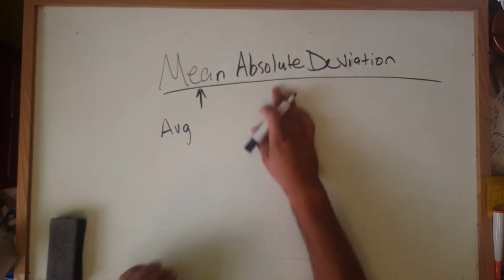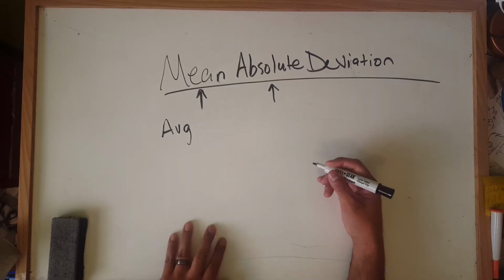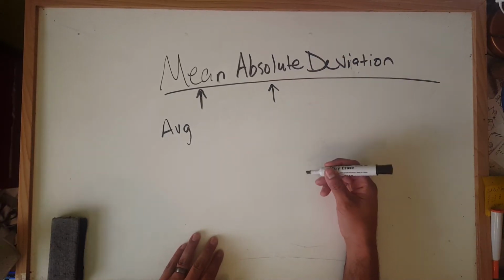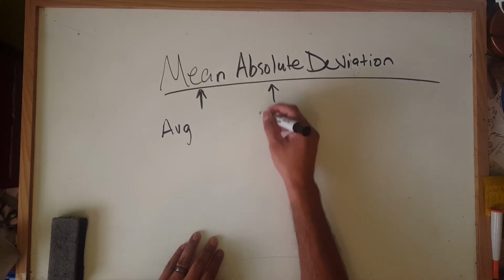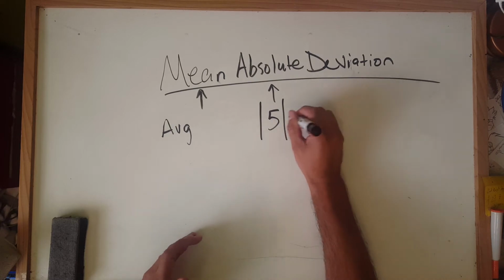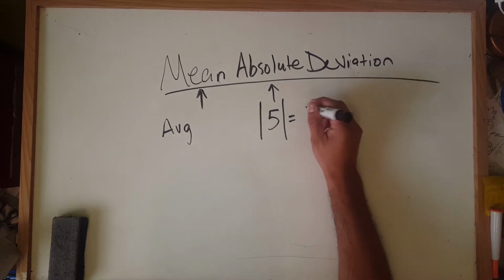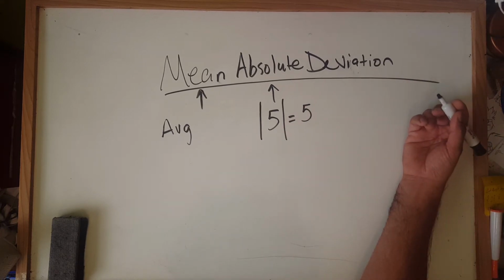Okay? The absolute part you've also done. You did that, I think, in 6th grade. This is absolute values. Okay? Say, for instance, 5. The absolute value of 5 is the number of jumps it takes to get to 5. So it takes 5 jumps to get to 5. Okay?